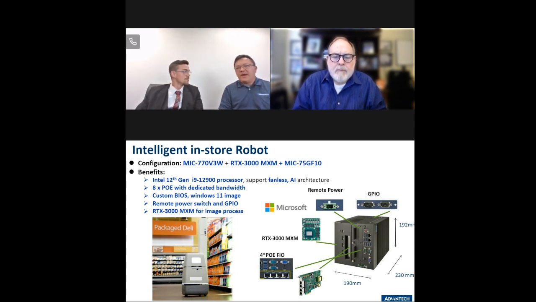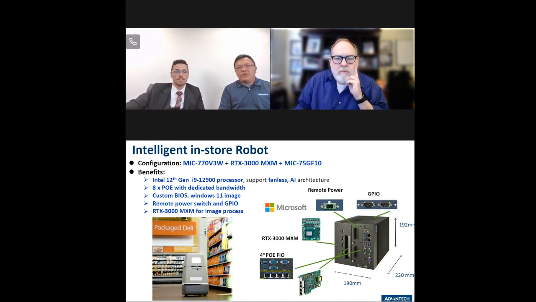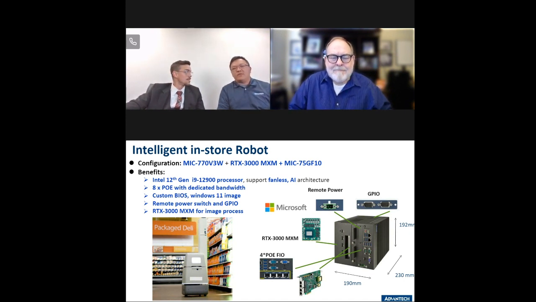So they can use a small module to do the PoE functions. This is one example of a robot, like an AGV robot. They can use our small-size fanless bare bone unit for the application. It's a very successful case study for your reference.